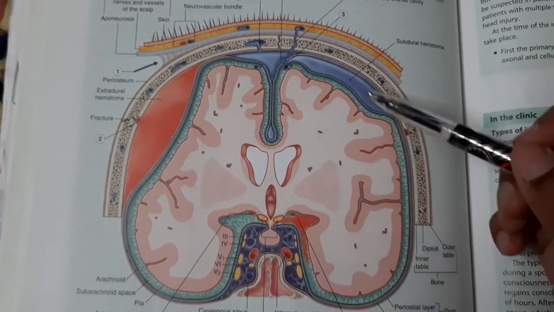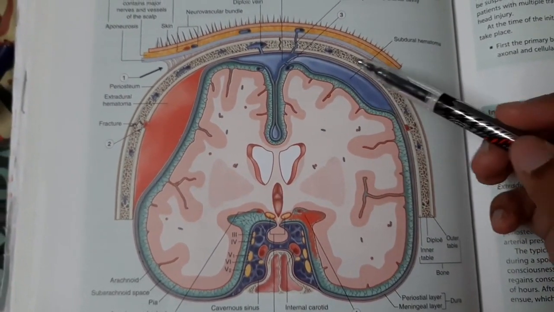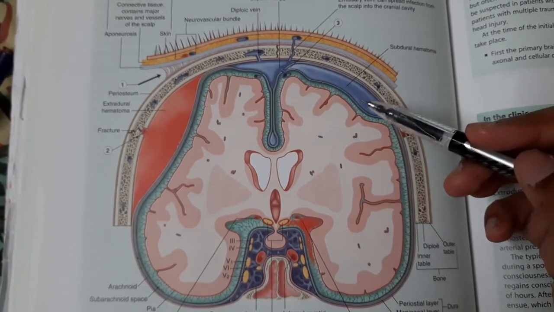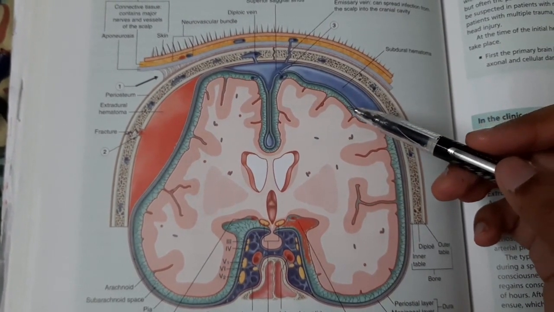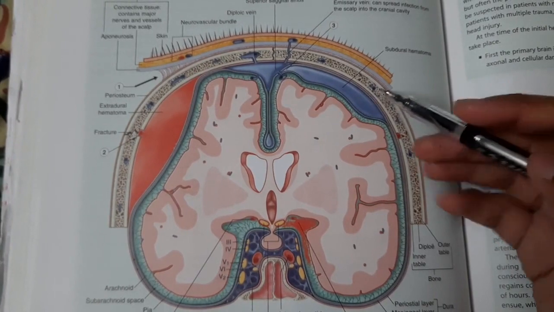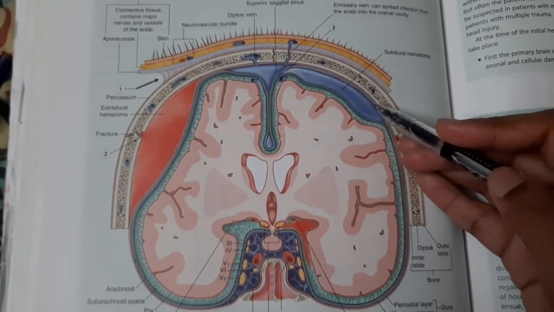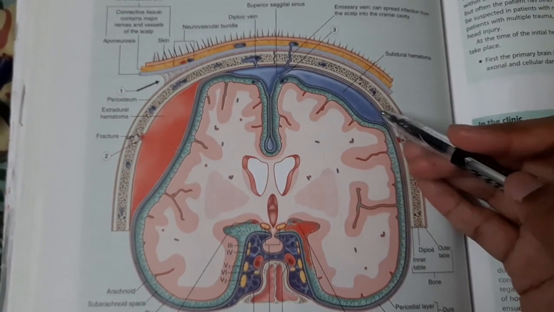Whereas the subdural hematoma is present between the subarachnoid space and the dura mater. Here this is the dura mater, this is the subarachnoid space.